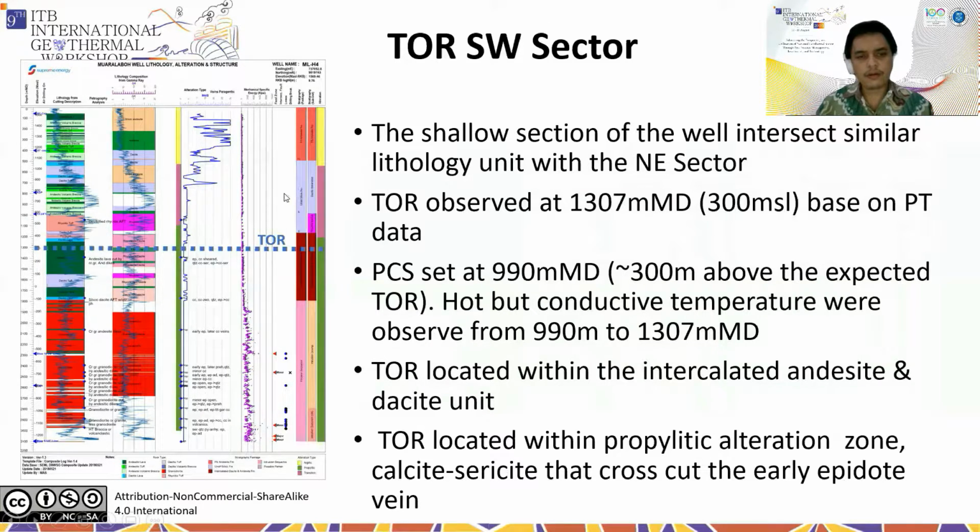After conducting the study, we see that the late epidote vein is encapsulated or cross-cut by calcite and anhydrite, meaning it possibly encountered a boiling process in the past.